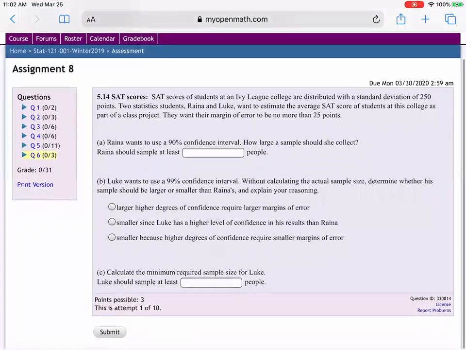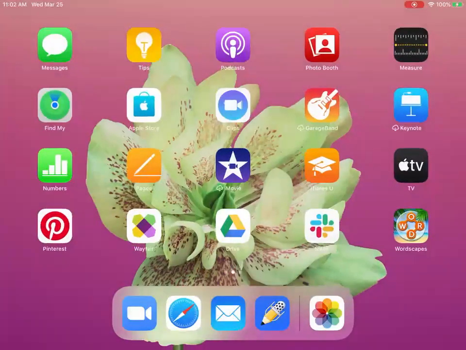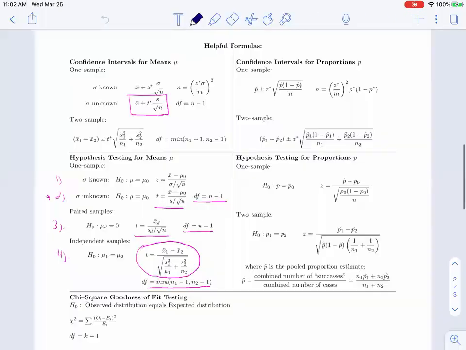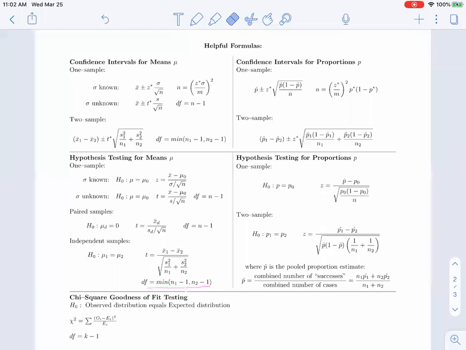So for this last question, I think it's going to be a blast from the past where we have to use a sample size calculation. If you go to your formula sheet, these are all kind of from last day, so fresh start here. This is our sample size calculation.